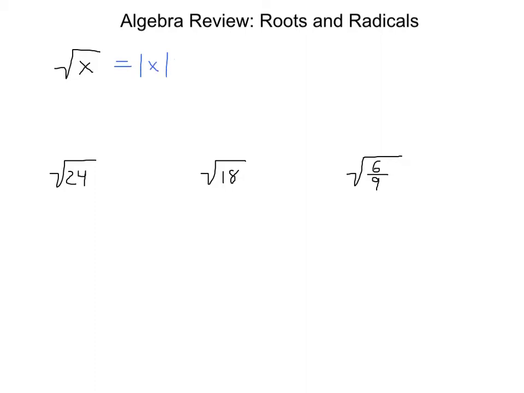multiplied by itself will give us the value inside. Now when you take a square root, for instance the square root of 4, there are actually two answers to this. There will be 2 times 2 equals 4, or a negative 2 times negative 2.